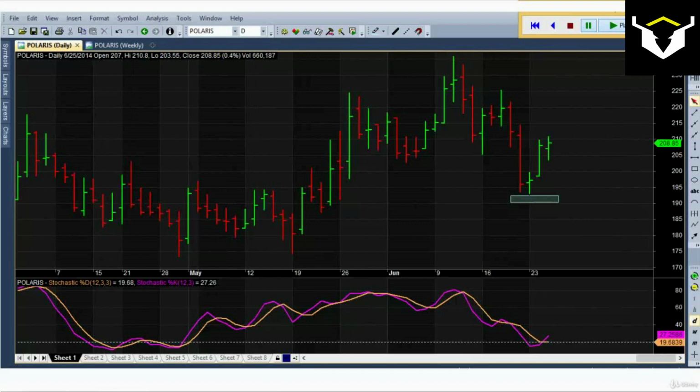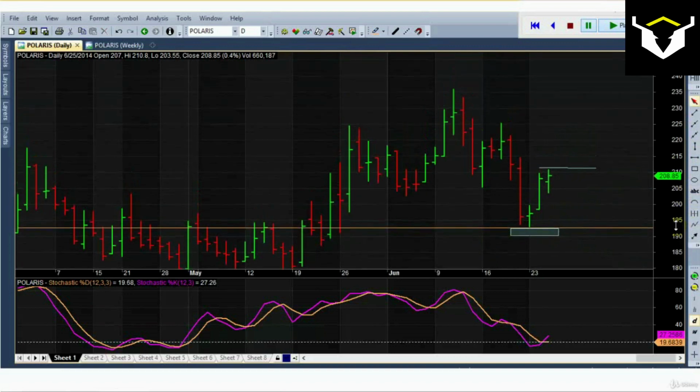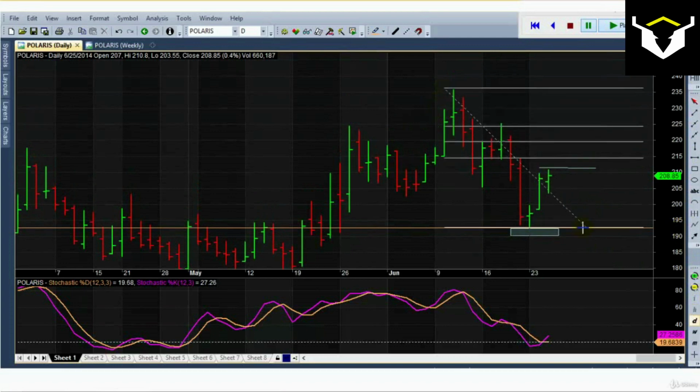As of that bar, stochastic has reached the oversold zone and given a bullish crossover. So we'll take a long trade at this price with a stop at the swing low, and our minimum expectation is 127% of this swing.